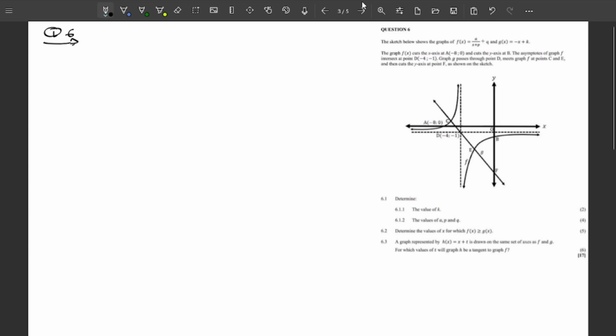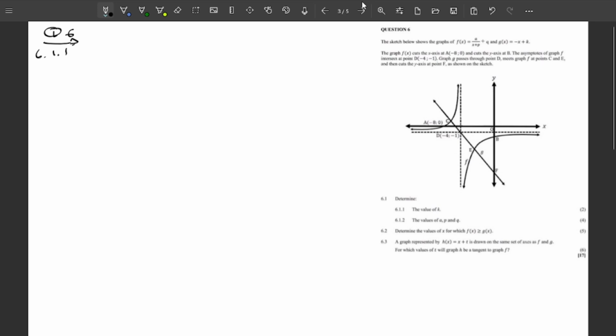Okay. The asymptotes of the graph of f intersect at point D (-4; -1), and graph g passes through point D, meets graph f at points C and E, and then cuts the y-axis at point F, as shown on the sketch. Alright, so for 6.1.1, they said find the value of k. Interesting.